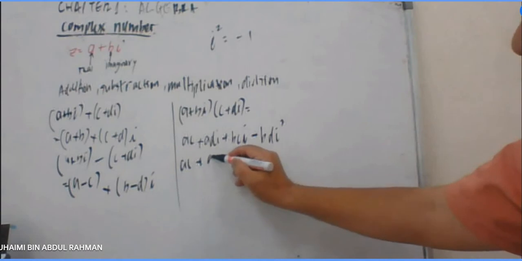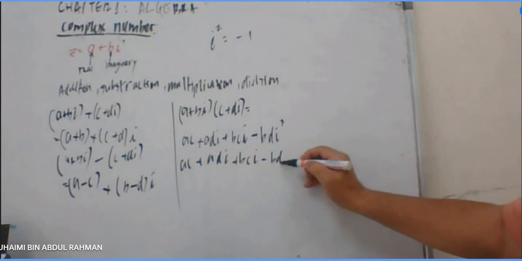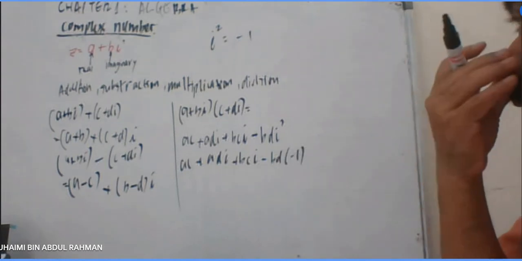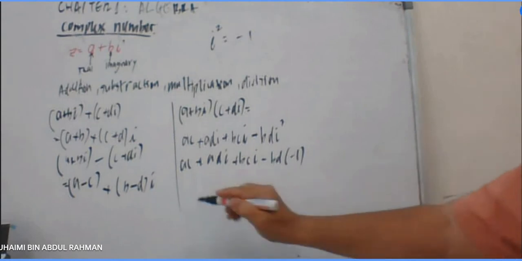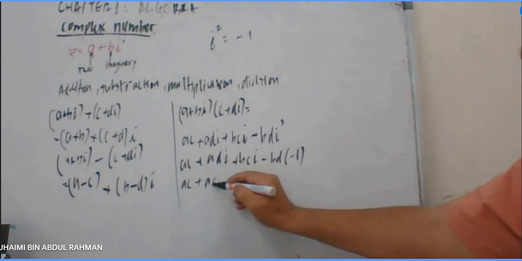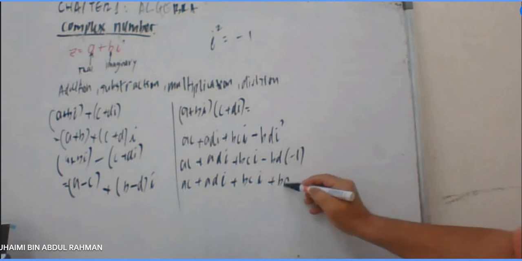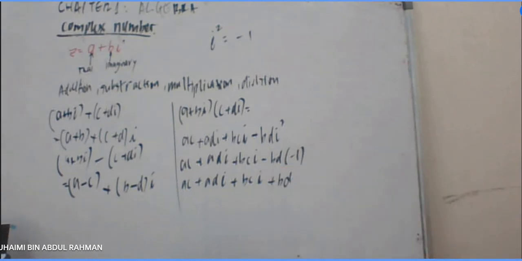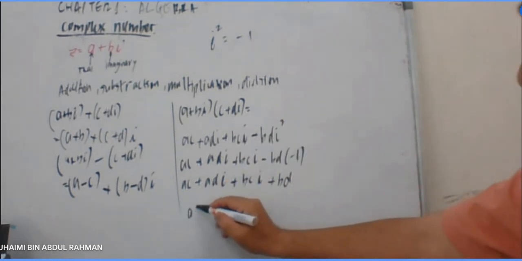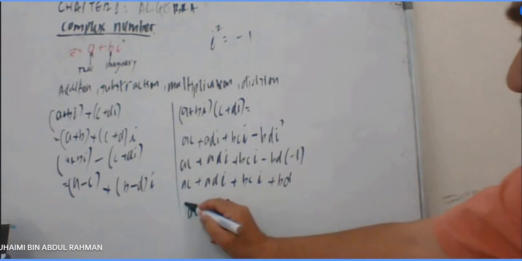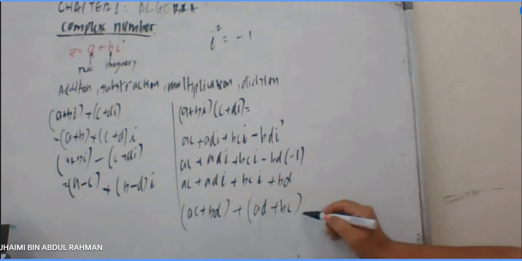So AC plus ADI plus BCI minus BD multiplied by minus 1, since I square is equal to minus 1. Minus BD times minus 1 is plus BD. So we can rewrite this as AC plus BD plus AD plus BC, I.